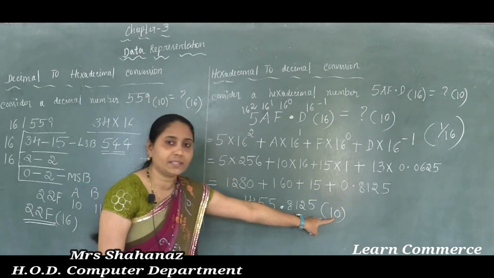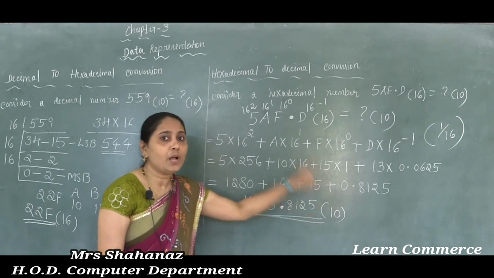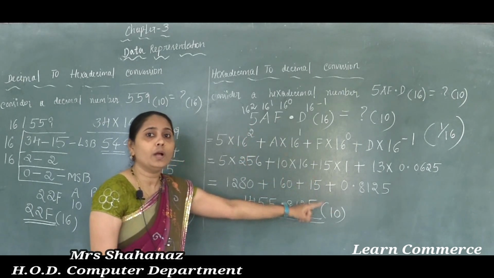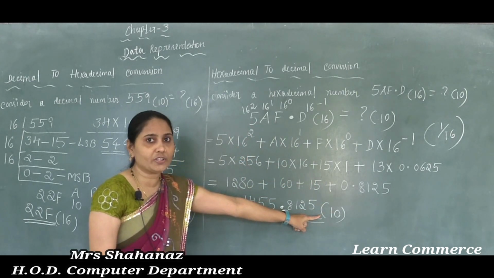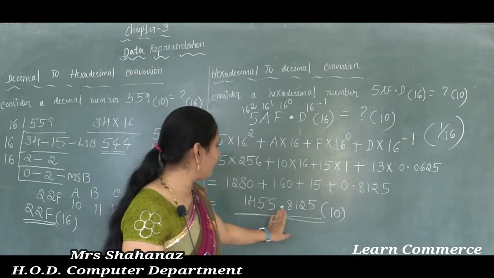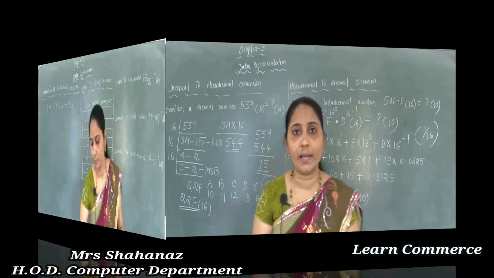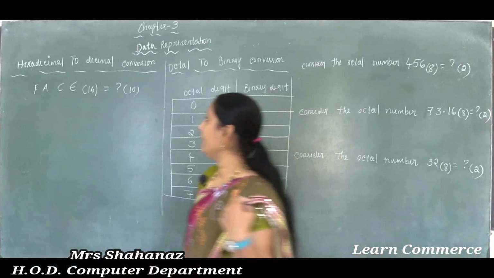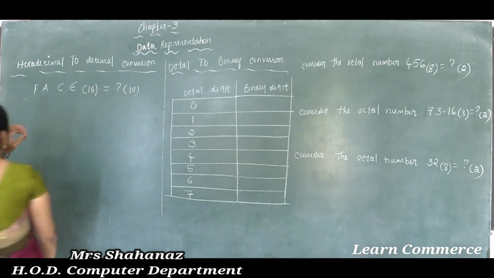Finally we need to write the base value also, that means from which base to which base we are making the conversion. Clear this point here? So 1455.8125. Now after completing one hexa to decimal conversion.